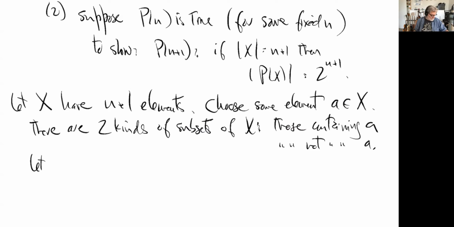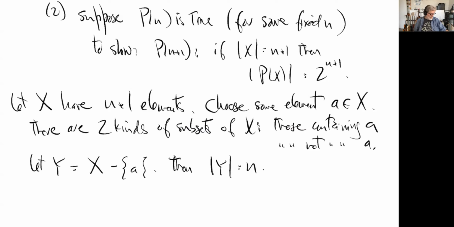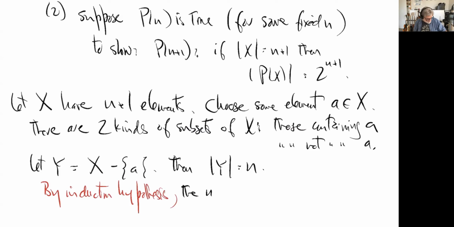Okay, so let Y be the set X where I've removed the element A. So this is the whole set X, but I remove A. How many elements does this set have? It has n elements. So by induction hypothesis, the number of subsets of Y, and what is that?